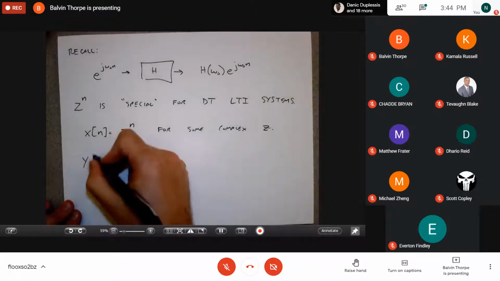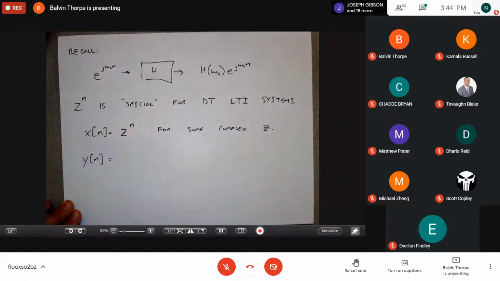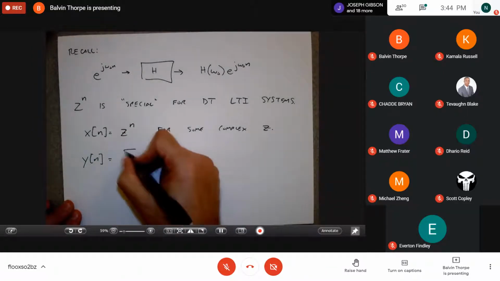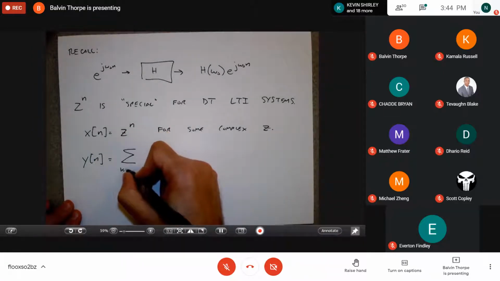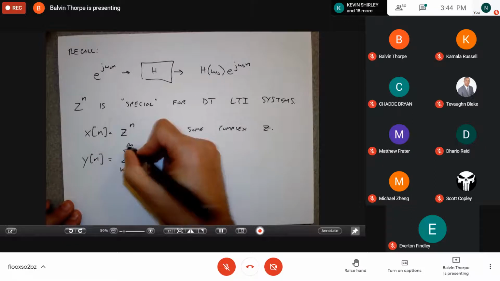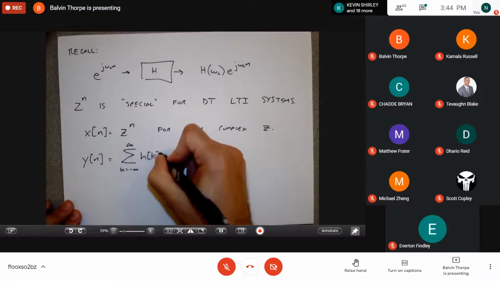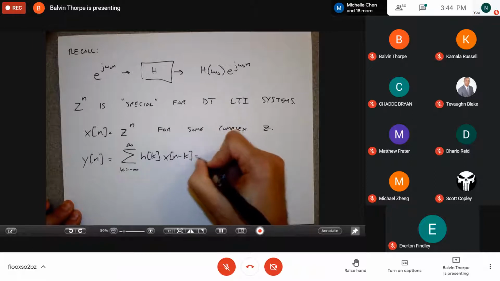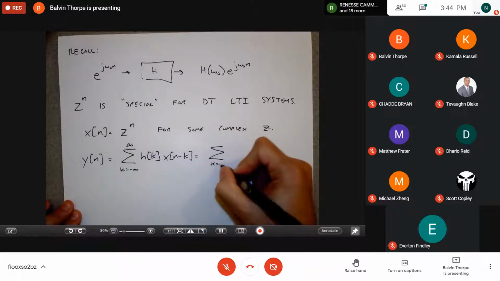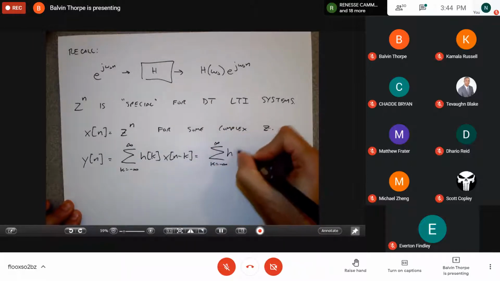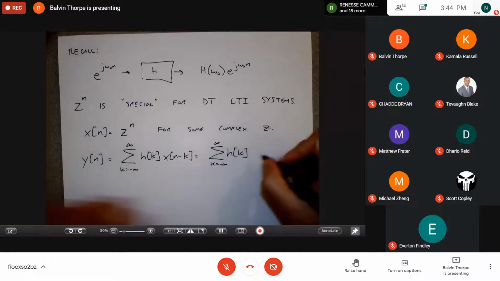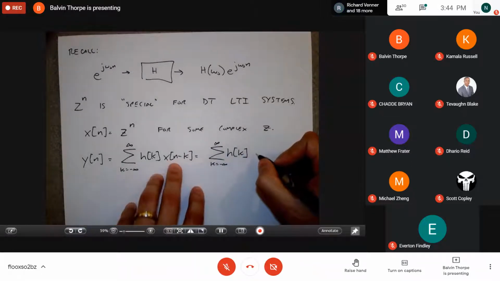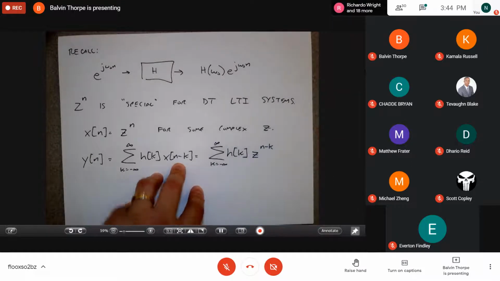So what is the output if I put that signal through an LTI system? It is my usual convolution between my impulse response and my signal. I plug in what I know here: I have the impulse response, and x of n minus k is the same as z to the n minus k.